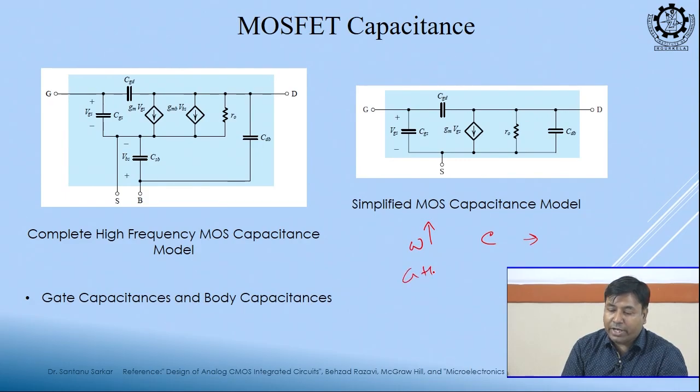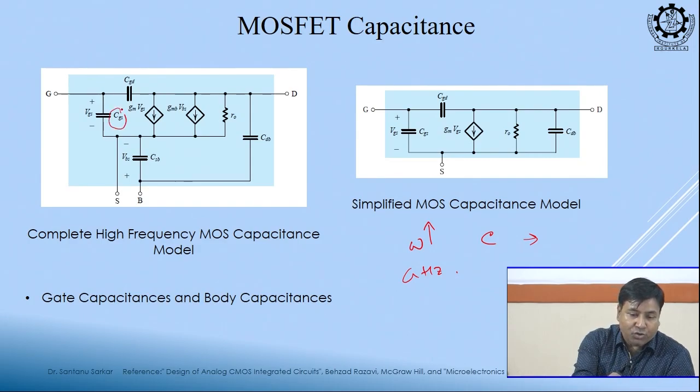Suppose you are going into gigahertz. So, even this capacitance will now be dominant. At low frequency you can neglect them, femtofarads you neglect, but when you go to a higher frequency, this will start to behave and reduce your gain, right.